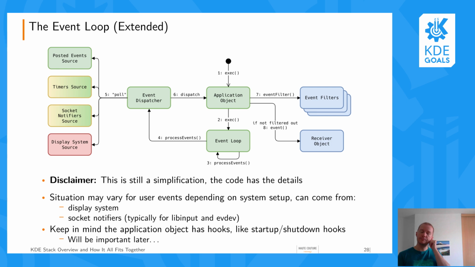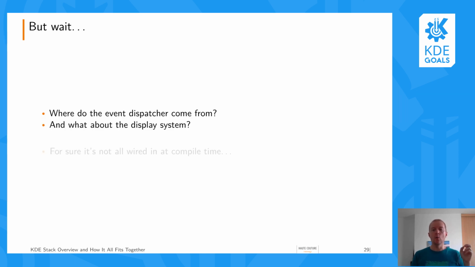All right, but that seems all simple and so on, right? But there's actually details I'm kind of leaving out by describing things this way. Where is the event dispatcher actually coming from, right? Why are the sources wired this way, and what about the display system? Where is it coming from? Which display system should I talk to?